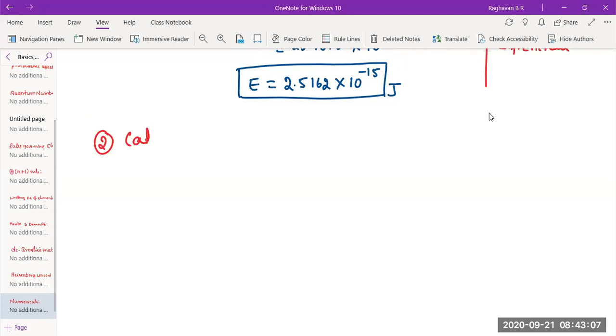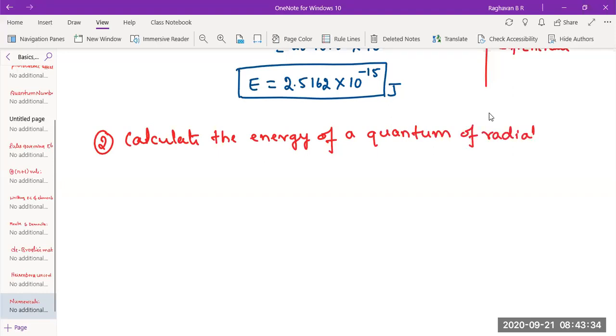Now, calculate the energy of a quantum of radiation of wavelength 250 nanometer.